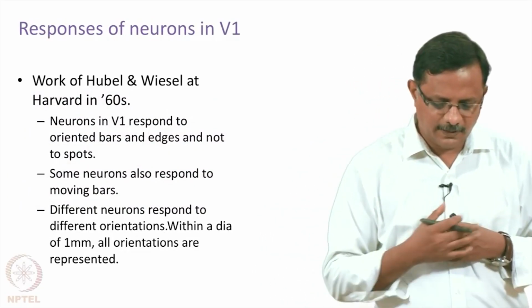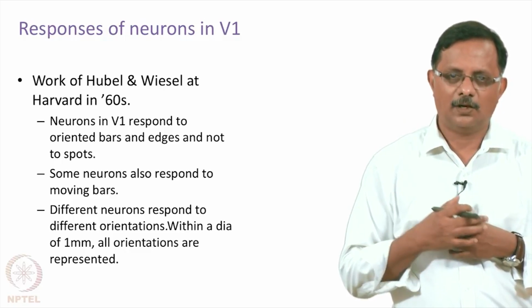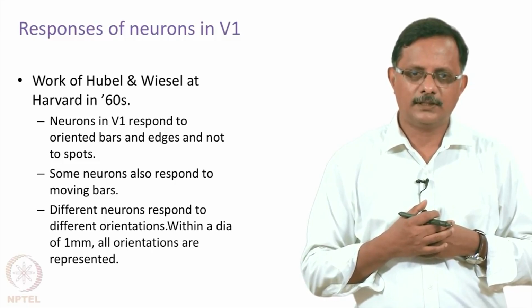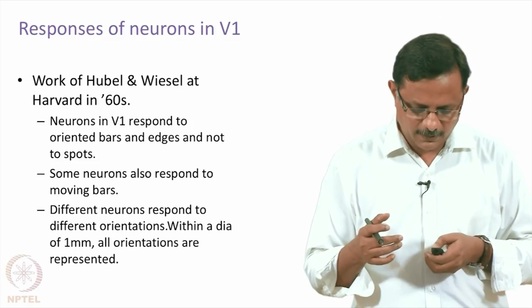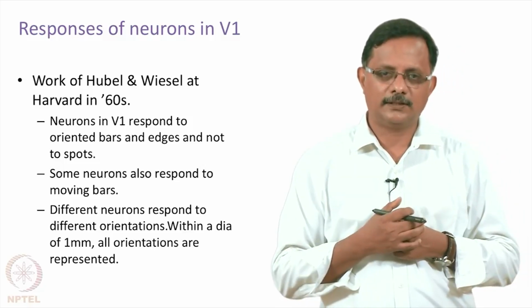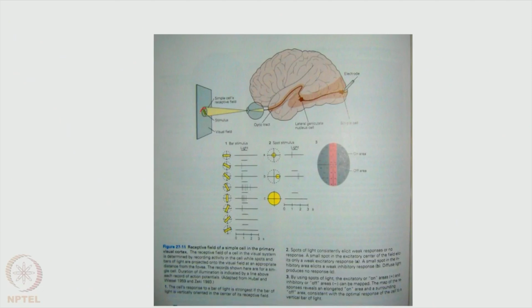Hubel and Wiesel were working at Harvard in the 60s on the response of visual cortical neurons, and what they found is that neurons in V1 respond to bars and edges. Some of these experiments go like this: you present a pattern or a picture on a screen and record from various parts of the visual cortex by poking the neurons with microelectrodes.